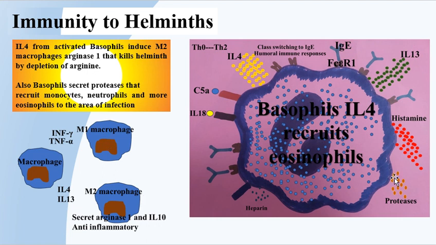So as can be seen here, these are proteases by the basophils. These proteases recruit monocytes, neutrophils, and more eosinophils to the area of infection.